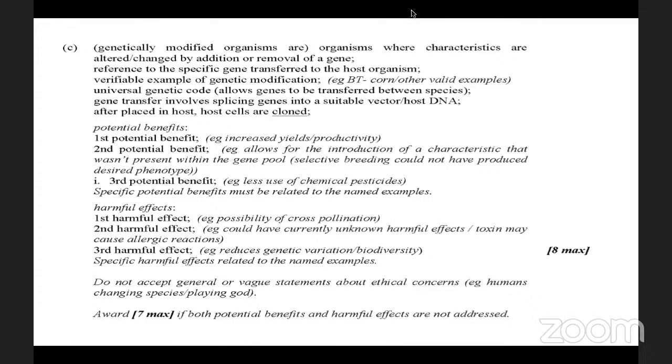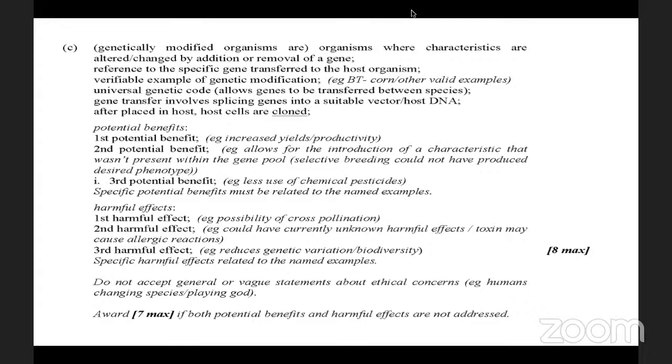So after placed in the host cell cycle, ni basically is the process untuk buat GMO ni lah. Okay, dah tulis tu, kita boleh explain pula potential benefits and harmful effects. So untuk selamat, potential benefits ni kita kasih 3, dengan harmful effects pun kasih 3. So macam kalau korang dah explain tadi untuk GMO, kasih definition dengan example, so insyaAllah dapatlah 2 markah.